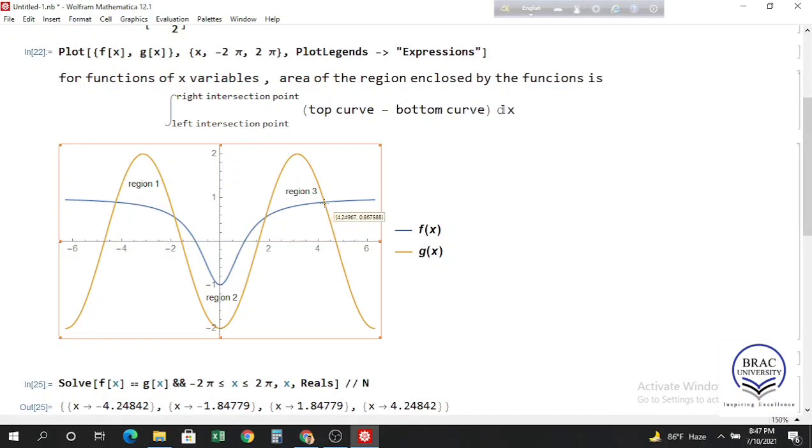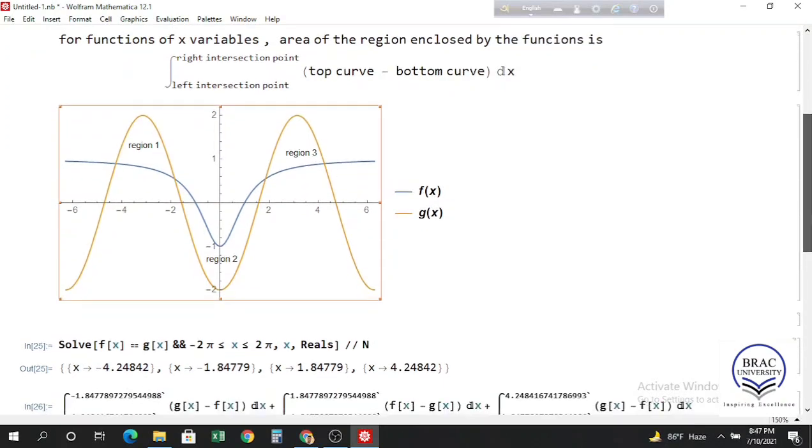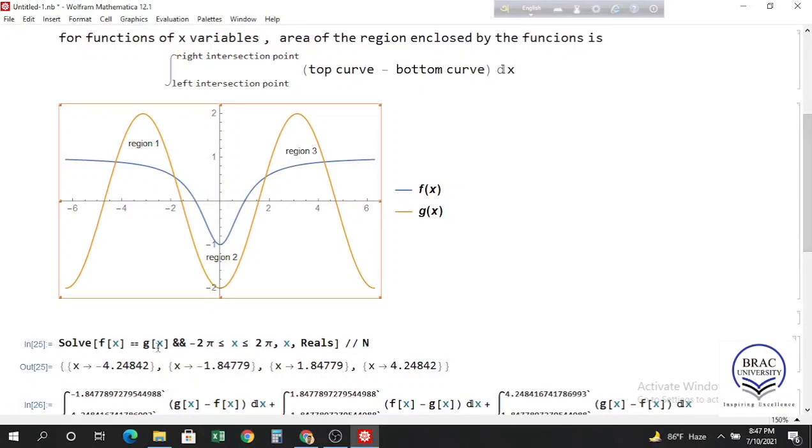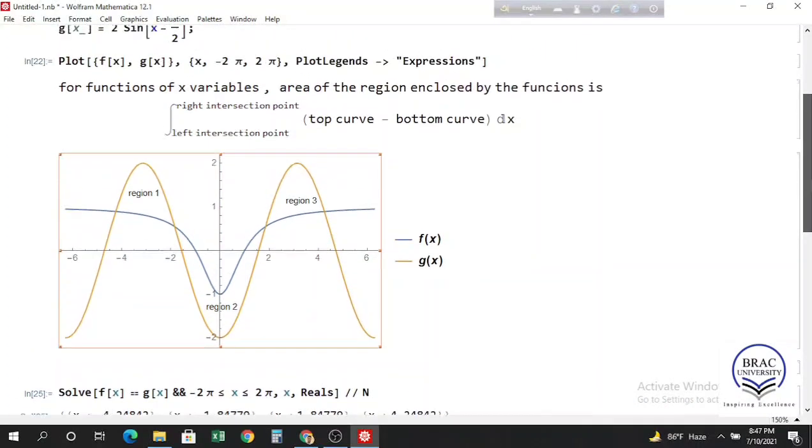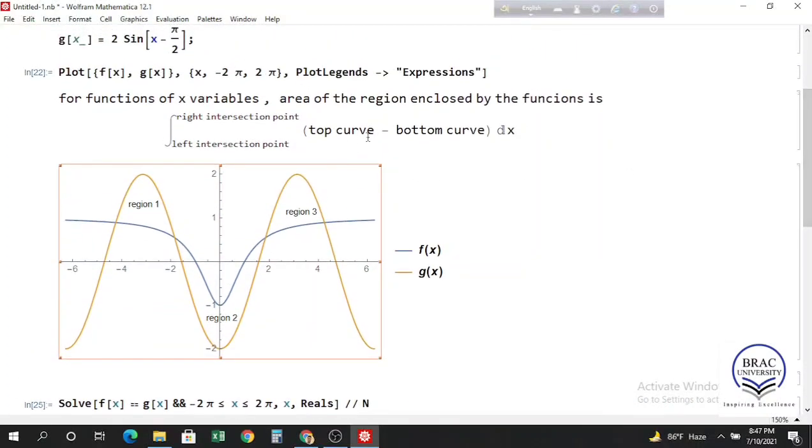So if we set f of x equal to g of x and we want to find x, then we will only find these 4 intersection points, because only at these points the value of x and the value of the function is the same. So we set f of x equal to g of x from minus twice pi to twice pi, and we wanted to know what x is. So we got these 4 intersection points.